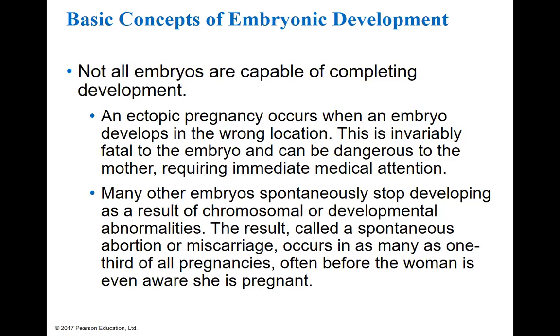This is very fatal to the embryo if the implantation happens in the oviduct, because obviously the embryo cannot develop in the oviduct, so the embryo invariably dies. And it also is very, very dangerous for the mother, and it requires immediate medical attention so that the dead embryo can be removed from the oviduct of the female.